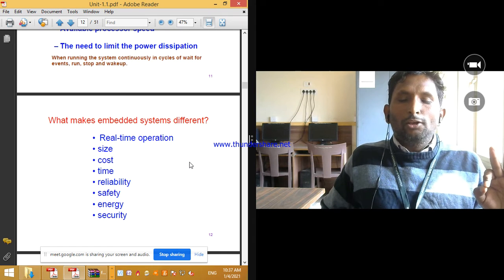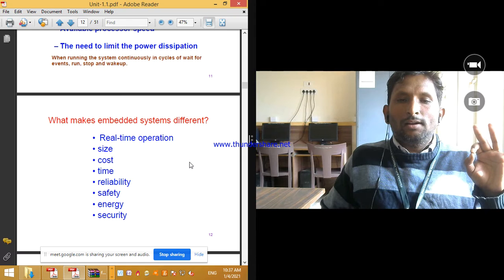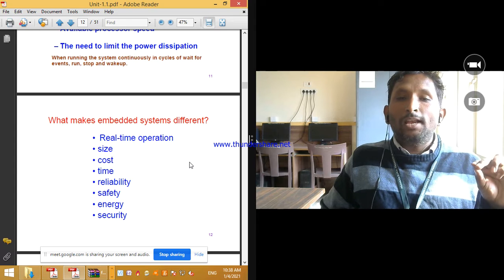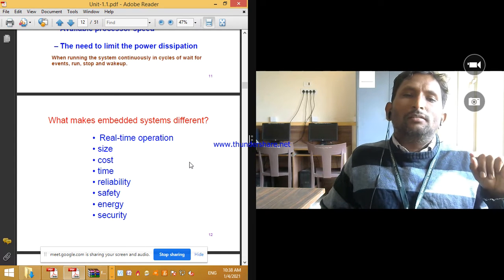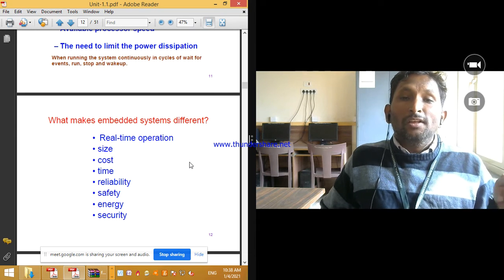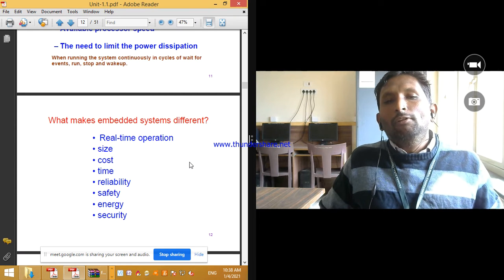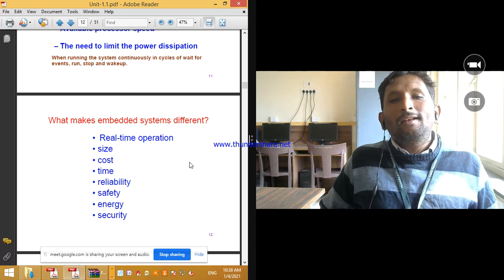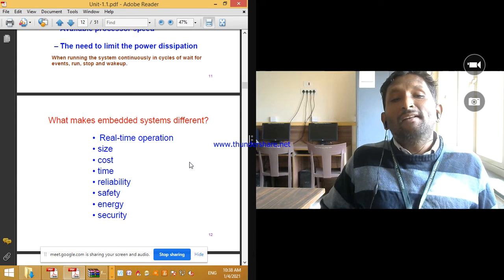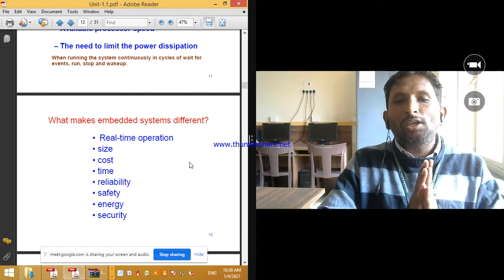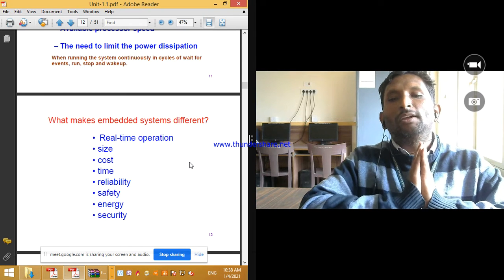We have seen a video of a general purpose OS and a specific purpose embedded system, then a general definition of embedded system, then a specific definition, then components of an embedded system, then the detailed hardware parts required, then images showing the evolution of the processor, then the 3 different constraints of an embedded system, that is processor speed, power and memory. And now we are going to see which things make the embedded system different.